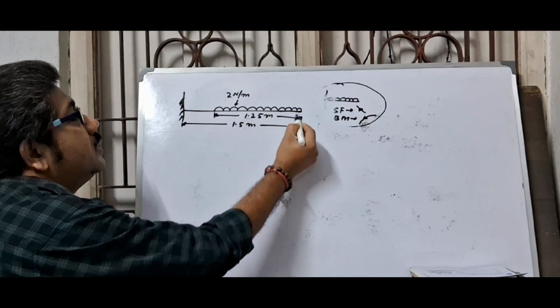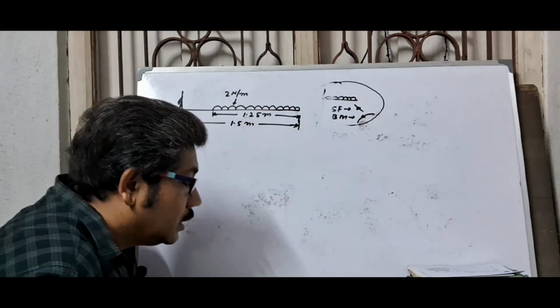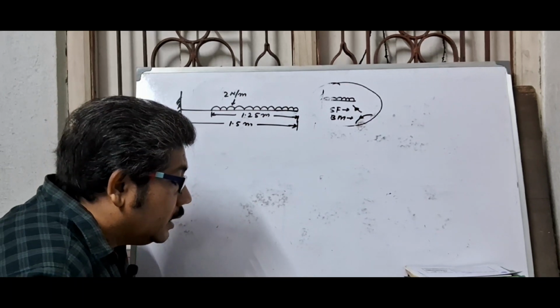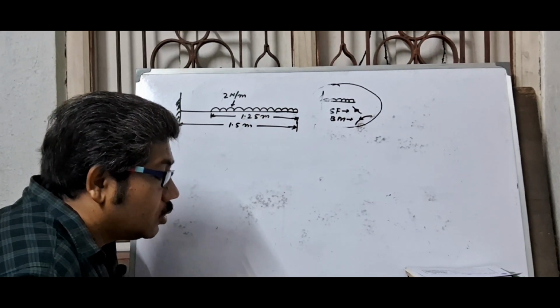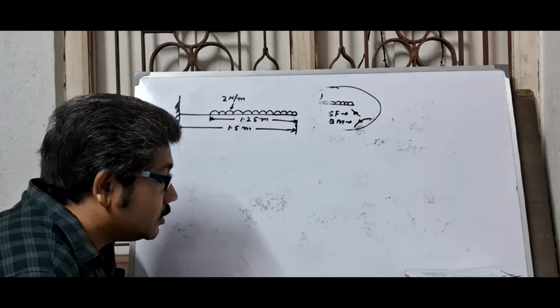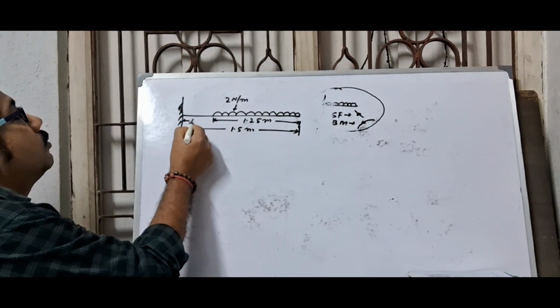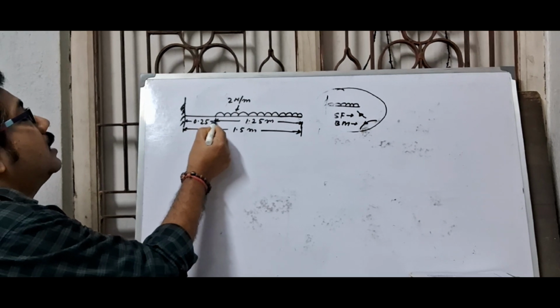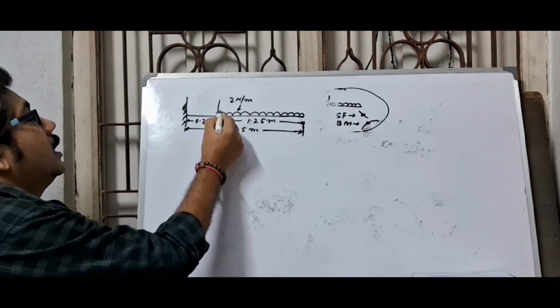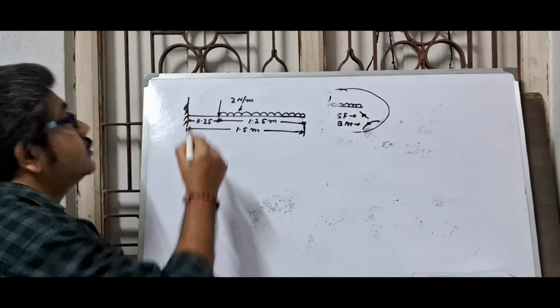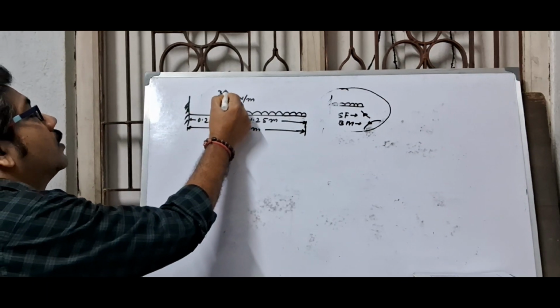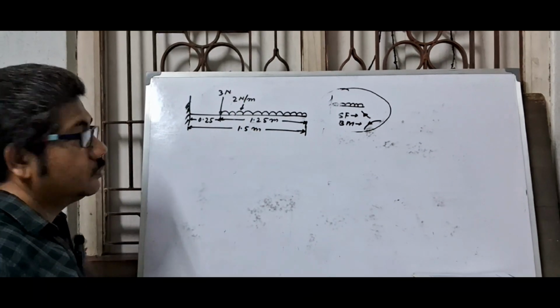It also carries a point load of 3 Newton at a distance of 0.25 meter from the free end. This is 0.25. So here a point load, this is 3 Newton.